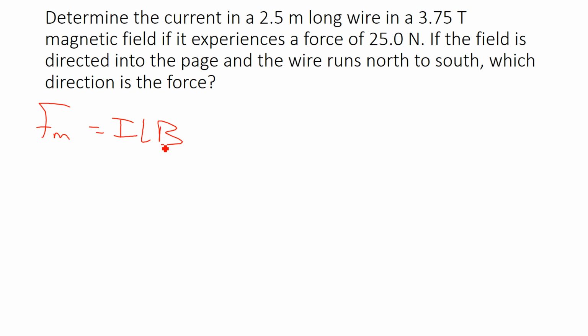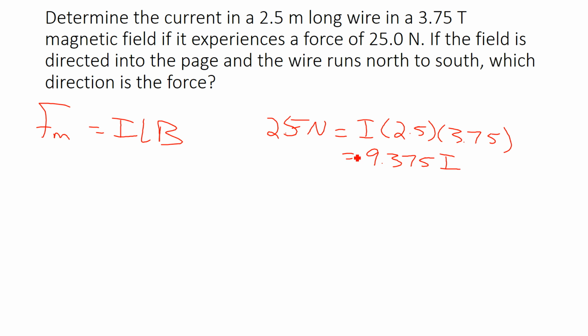So we would set up our equation. 25 newtons equals I times 2.5 times 3.75, which is 9.375 I. Divide both sides by 9.375. I equals 2.7 amps.